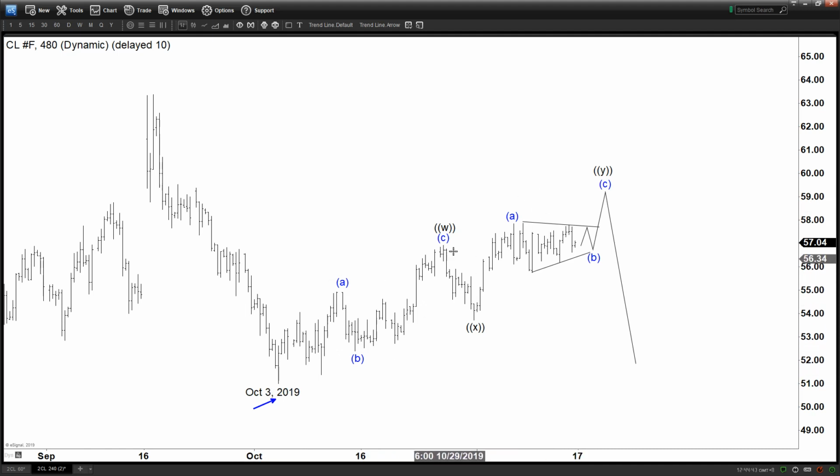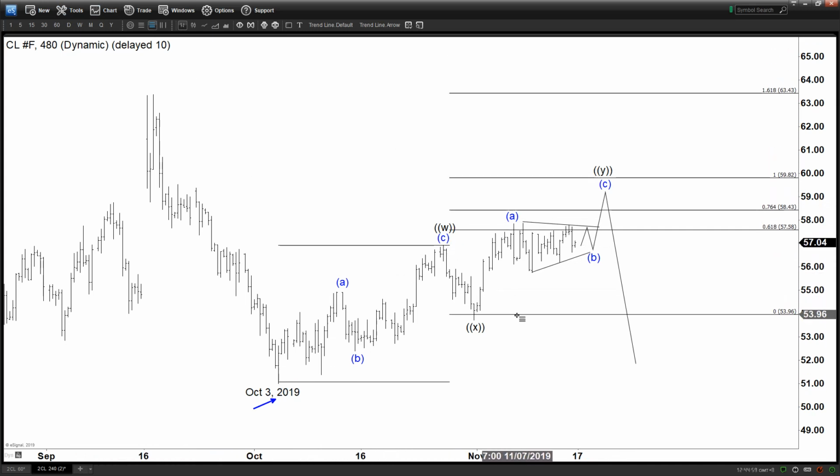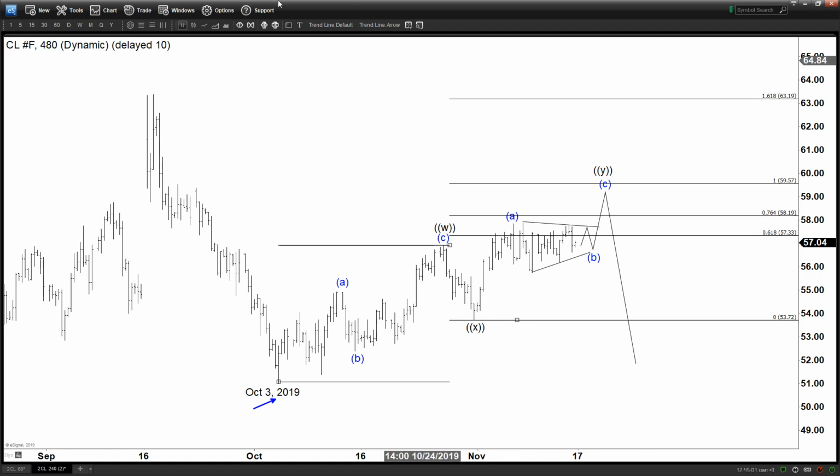So we have an ABC zigzag here, and we're looking for another ABC zigzag here with the B as a triangle. So it's a double zigzag pattern. If that is really going to happen, then we can see a little bit more upside to reach this area, in which we will reach the 100% extension of this.